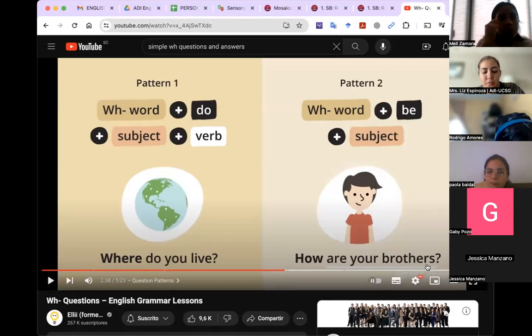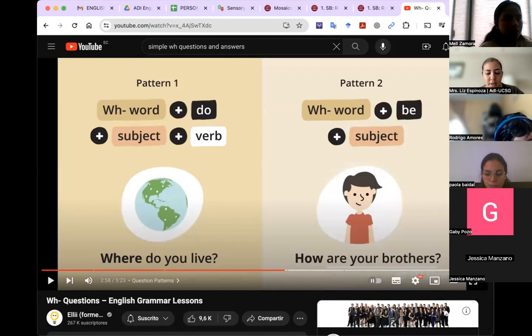Let me send the link. Please go to the chat and look at this. This is the way I help my students to remember the verb to be.